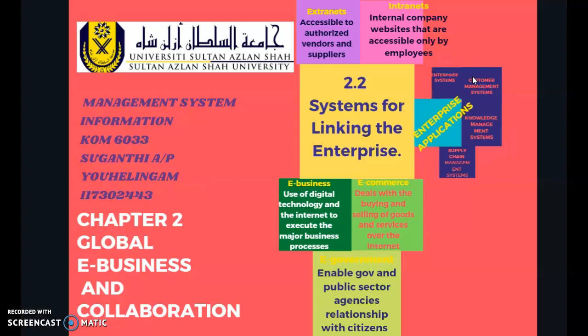Customer management systems provide information to coordinate all of the business processes that deal with customers in sales, marketing, and service to optimize revenue, customer satisfaction, and customer retention. This information helps firms identify, attract, and retain the most profitable customers, and also give better service and increase the sales.